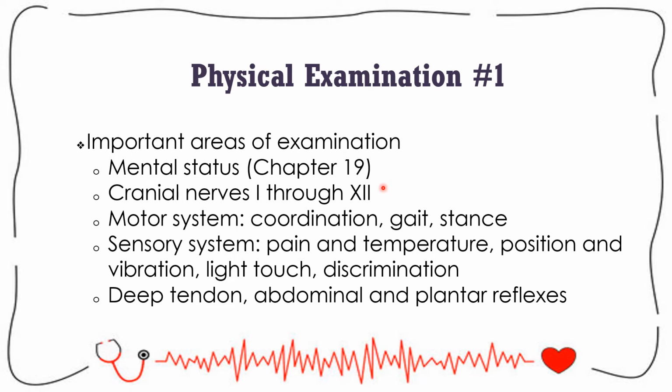So the mental status, cranial nerves 1 through 12, motor system such as for coordination, gait, stance, sensory system for pain and temperature, position and vibration, light touch and discrimination. Also for the deep tendon, abdominal and plantar reflexes.